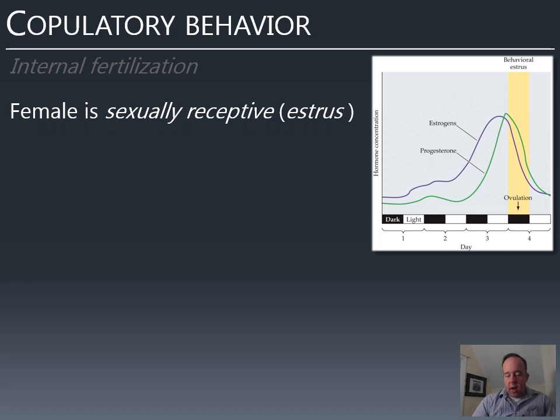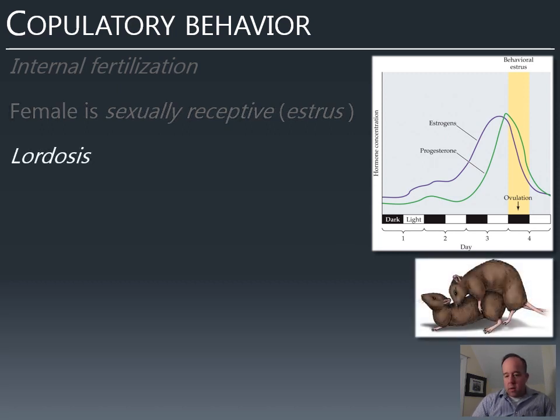And as this diagram shows, this often involves the release of estrogens and progesterone up to estrus. So this sort of triggers female reproductive behavior. In this case, these are rats. But it also involves very specific behaviors.